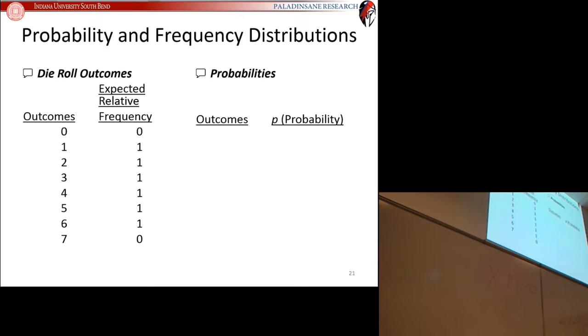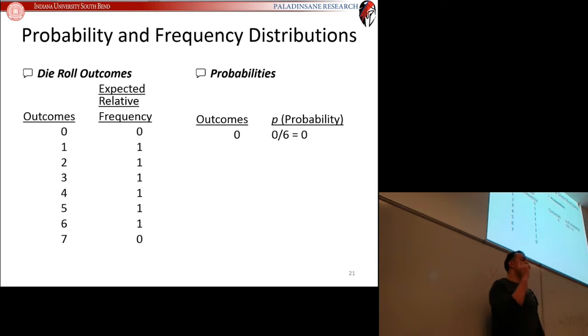So if we were playing a board game like Snakes and Ladders that had 1 single dice, and we wanted to know what's the probability of rolling a 0 in this game. Well, the probability of rolling a 0 is 0 because there are 0 outcomes that are classified as 0, and you divide that by the total number of outcomes, which is 6. 0 divided by 6, that's 0. You've got a 0% chance of rolling a 0.